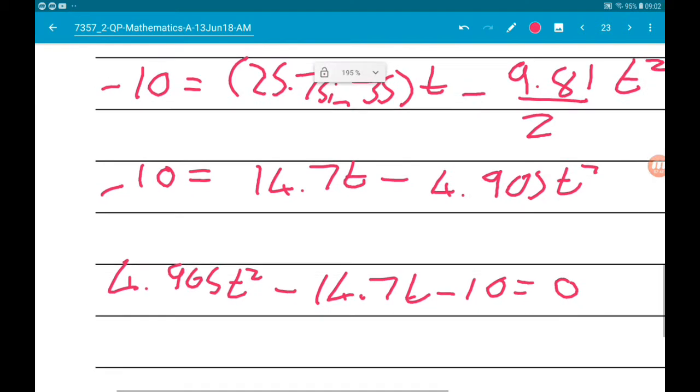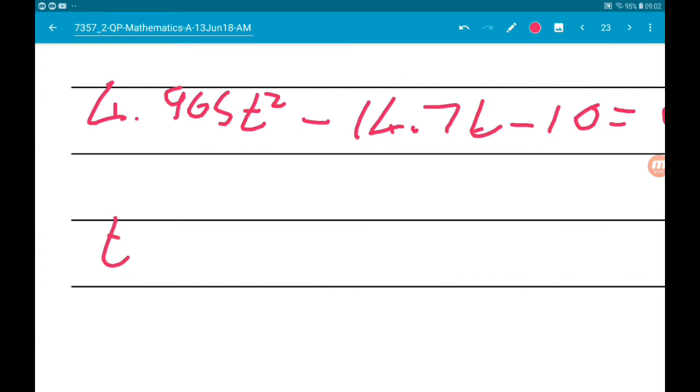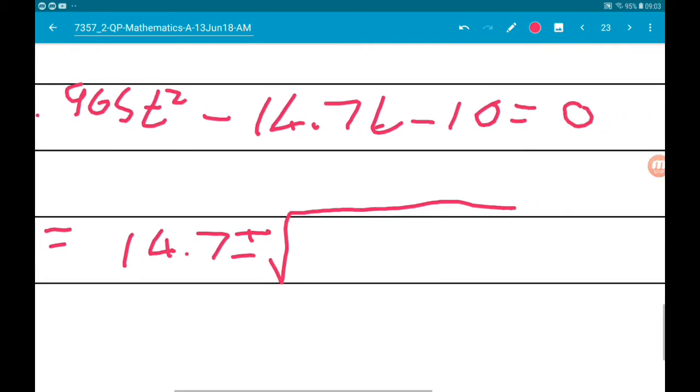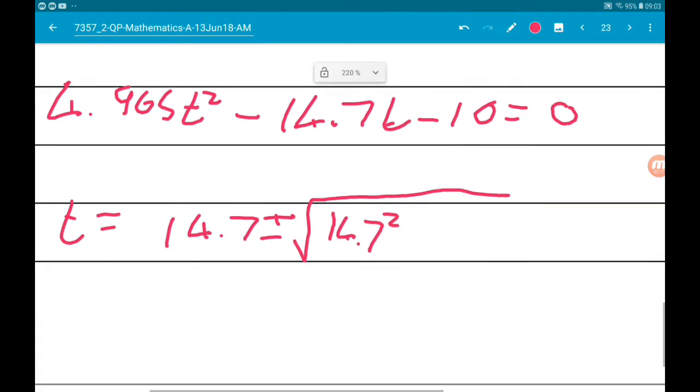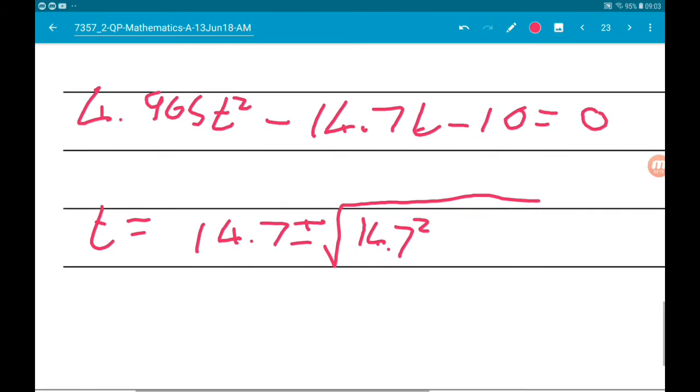Use the quadratic formula. So t is minus b, so that's positive 14.7, plus or minus the square root of b squared, so 14.7 squared, minus 4ac. Now that's going to be add, because c is negative.